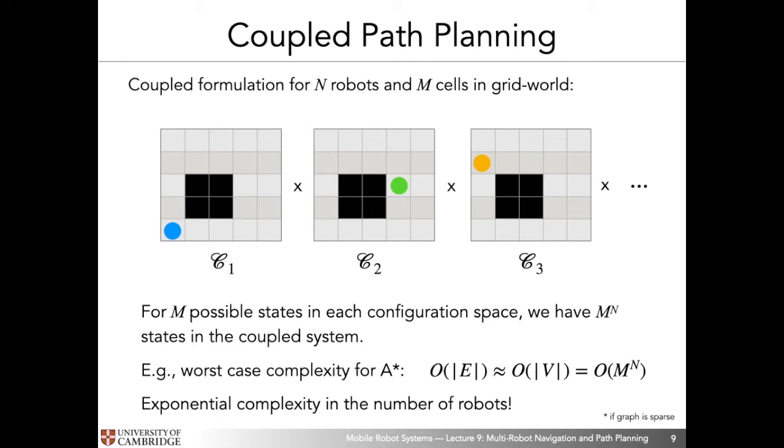And hence, a coupled representation in this case would need to consider a total of m to the power of n states for this joint multi-robot system, right?